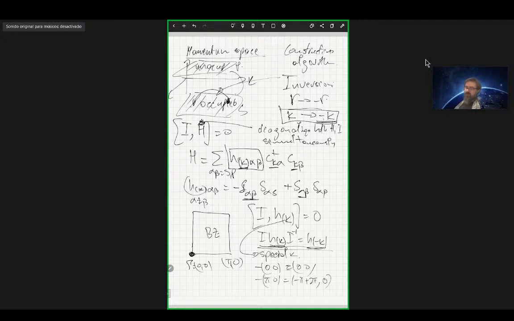Same thing with 0, pi, and same thing with pi, pi. At these points in the Brillouin zone, I can classify the bands by their inversion eigenvalue. Because the Hamiltonian commutes with the inversion operator, I can diagonalize both the inversion operator and the Hamiltonian.